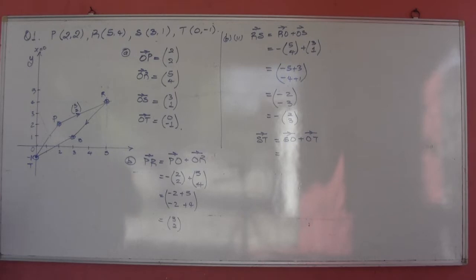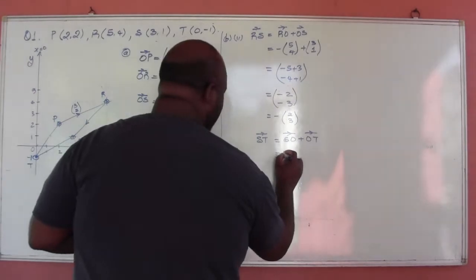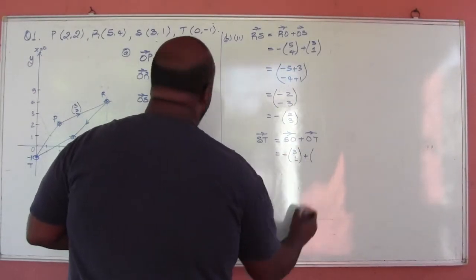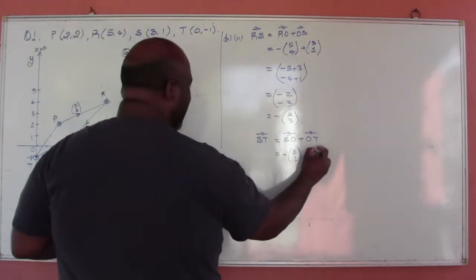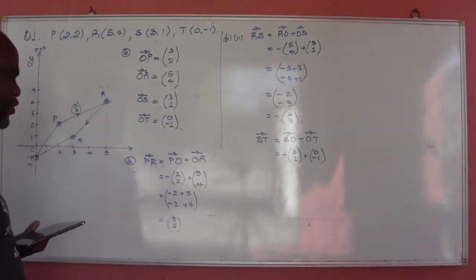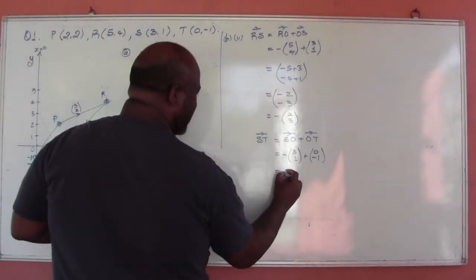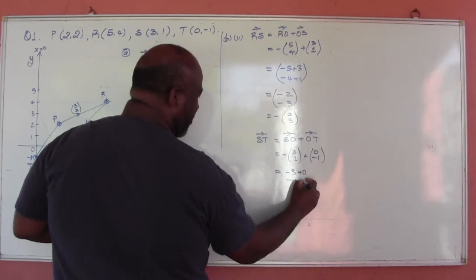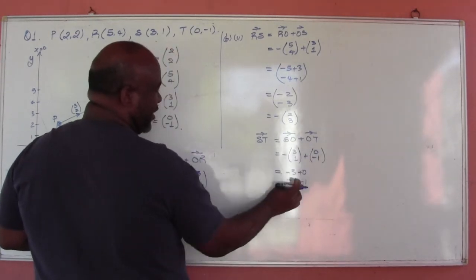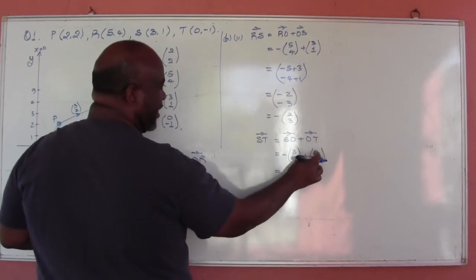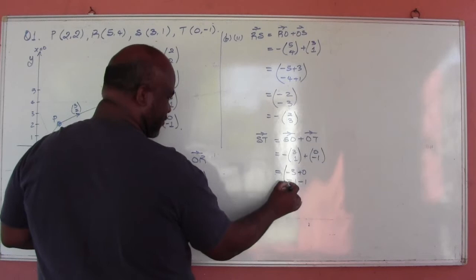Alright, so SO would be minus 3, 1 plus OT, which is 0 minus 1. So what we have here is minus 3 plus 0, minus 1 minus 1, because a positive times a negative gives you a negative.